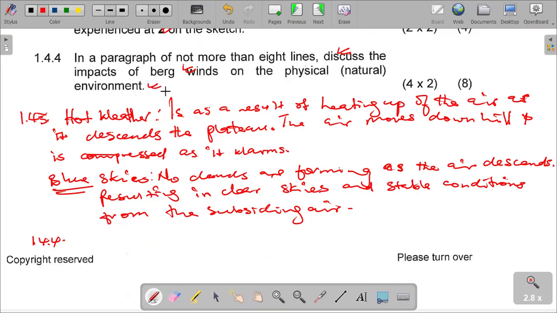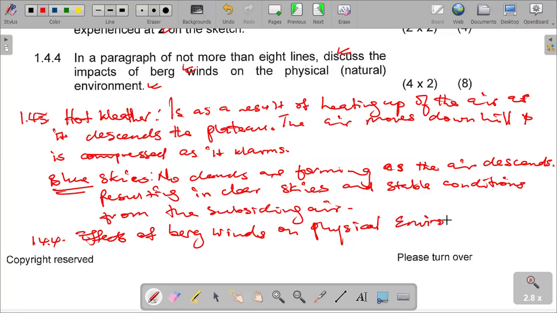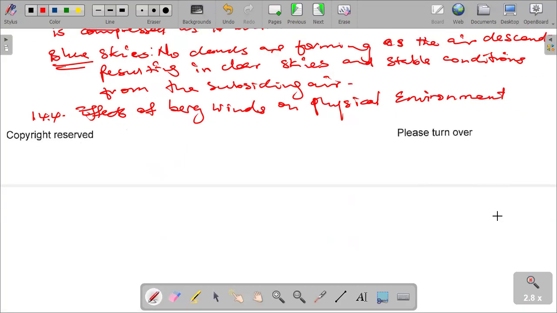What is the effect of berg winds on the physical or natural environment? What are the effects of berg winds on the physical environment?